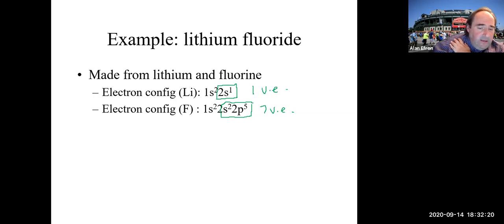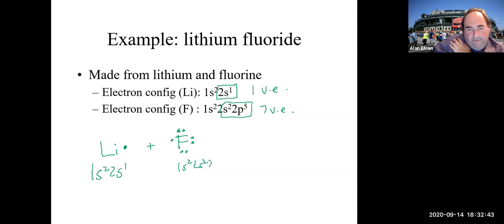So if we were to draw what's happening here, lithium would be drawn with 1 valence electron, like so, having that electron configuration 1s2, 2s1. And fluorine would be drawn with 7 valence electrons, having that electron configuration of 1s2, 2s2, 2p5.